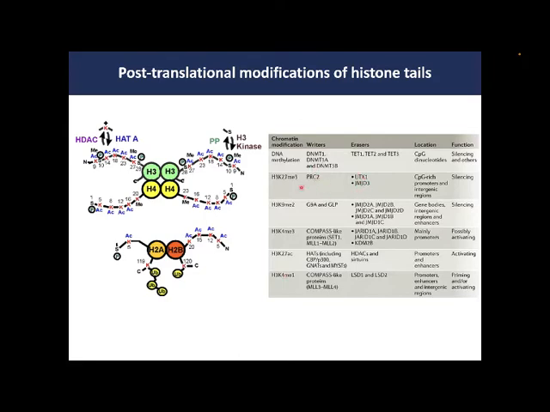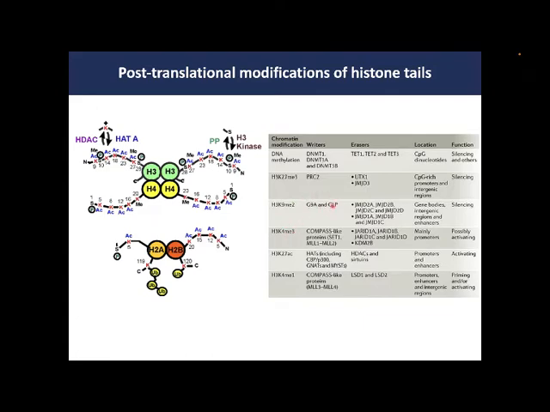For example, polycomb repressive complex 2, PRC2, is a writer complex of K27 methylation. This methylation can be erased by UTX or JMJD3, demethylases of the histones. And also K9 methylation or K4 methylation.